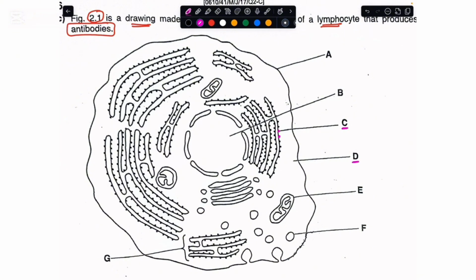D is the cytoplasm. E, this double membrane organelle that we see over here, is the mitochondria, and the F which they have indicated here, you can call vacuoles. And this interconnected network of membranes that have these granular structures on them, collectively we call the rough endoplasmic reticulum.